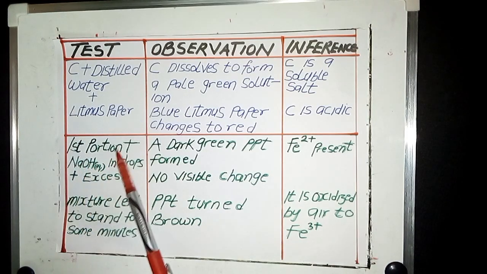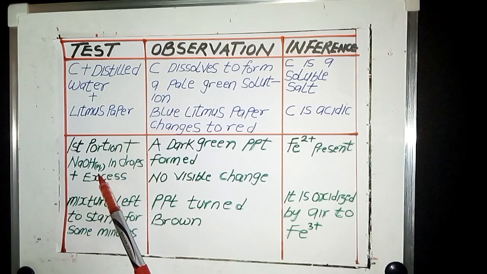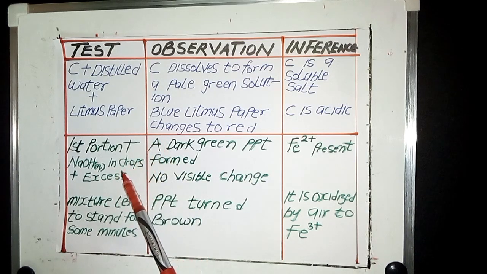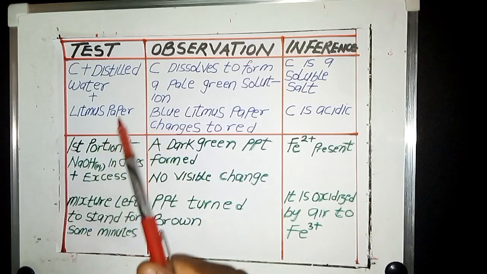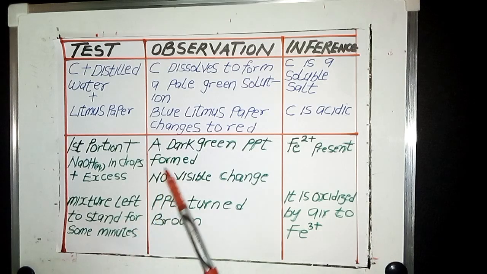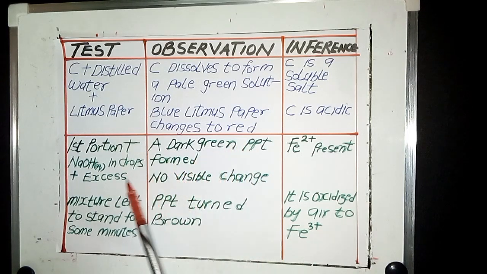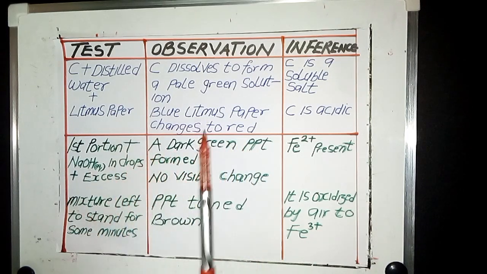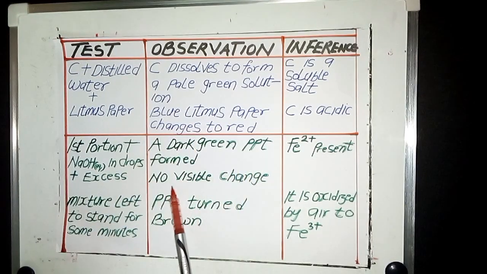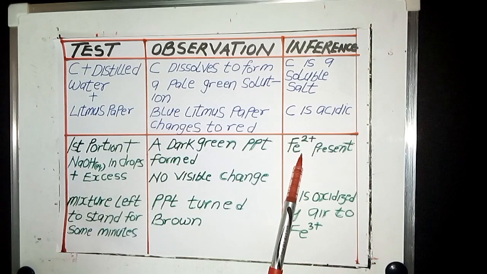So I'm saying first portion plus sodium hydroxide in drops plus excess. When you add sodium hydroxide to this solution, you will expect a dark green precipitate. So I'm saying a dark green precipitate formed. That is in drops. But when I put excess, there is no change. I said no visible change. So the inference here would be Fe2+ present.